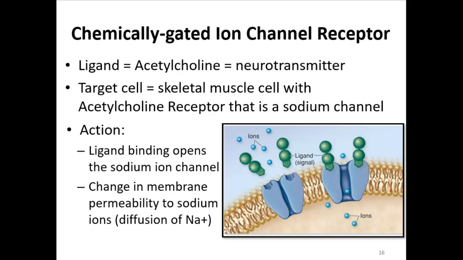What will happen when acetylcholine, we'll assume this green molecule is acetylcholine, binds to the blue receptor, is this channel opens, allowing sodium ions to move down a concentration gradient, which will be into the muscle cell. We'll learn a lot more about that when we discuss muscles and nerves later. But that sodium is necessary for a muscle cell to contract.